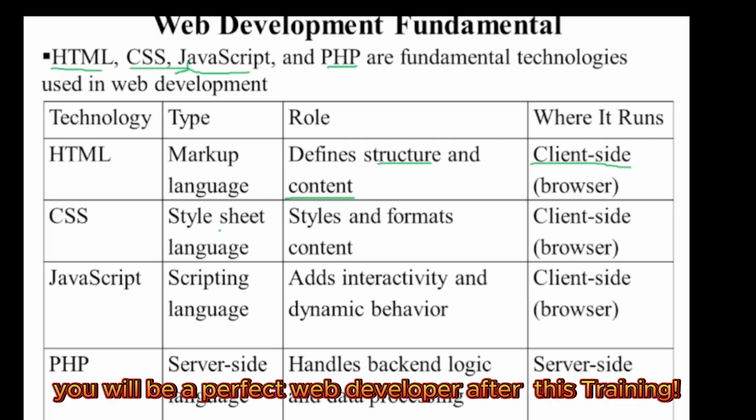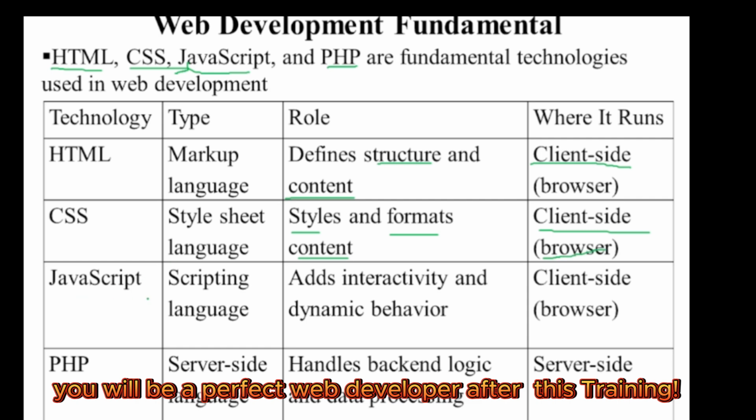The other is CSS. CSS means cascading style sheets. What is the role? It decorates or styles and formats the content of your web page. It adds some interaction, a good look and feel. So this belongs to client-side scripting language. It runs on the browser.